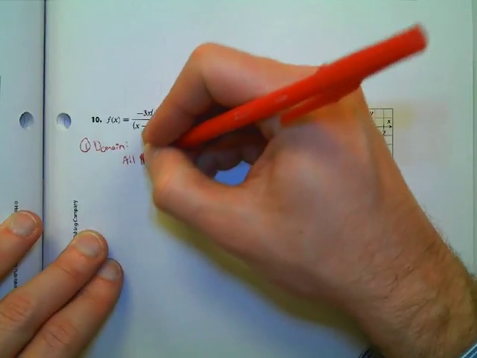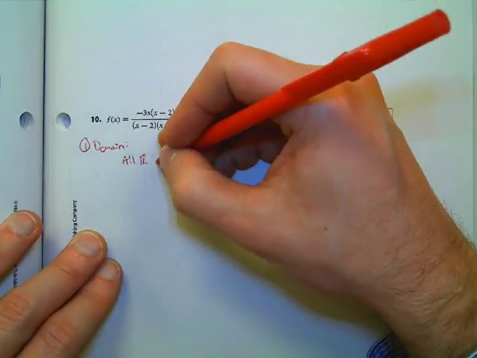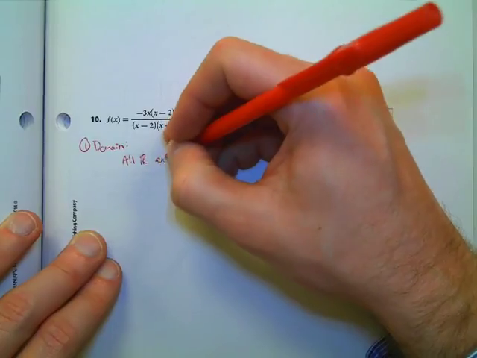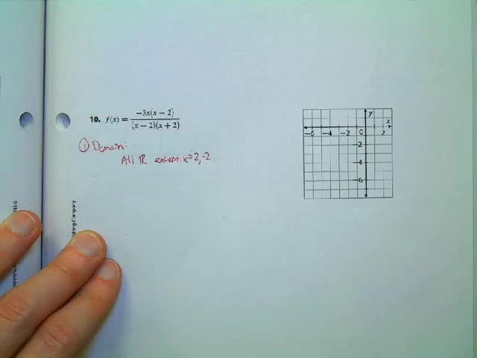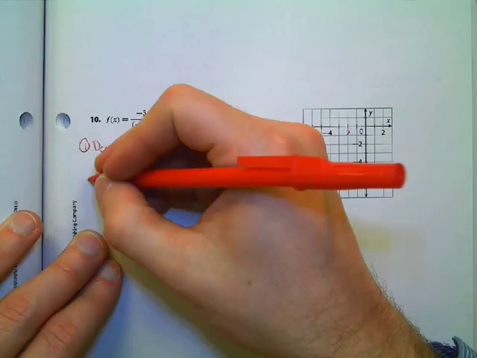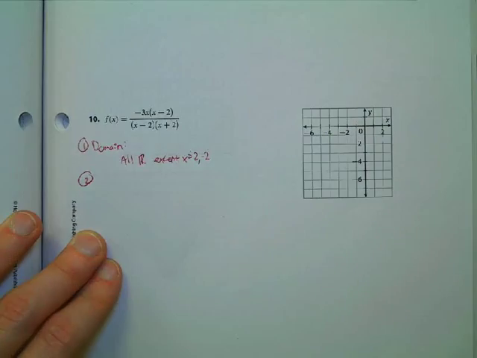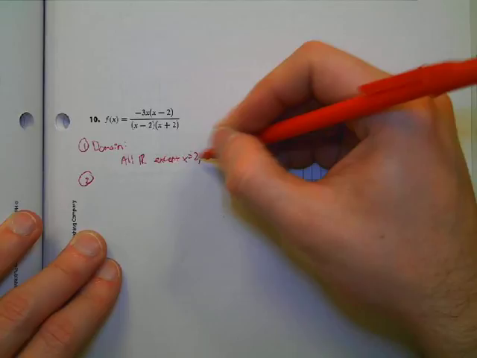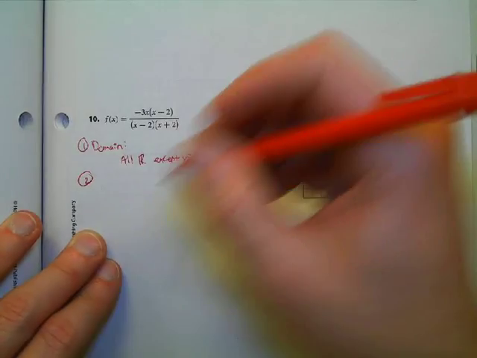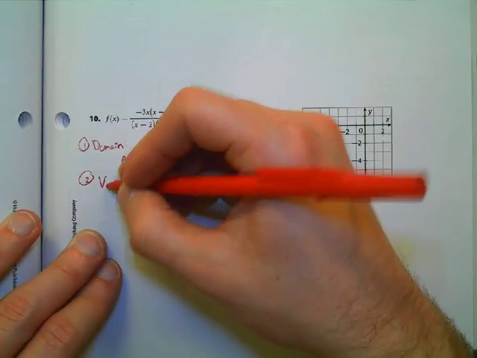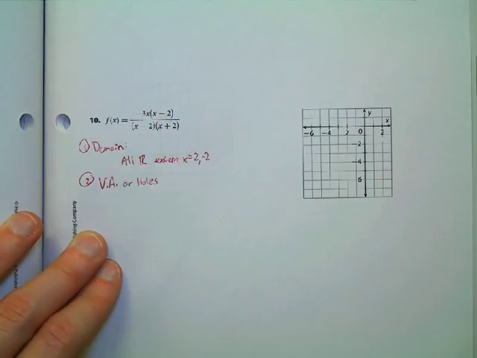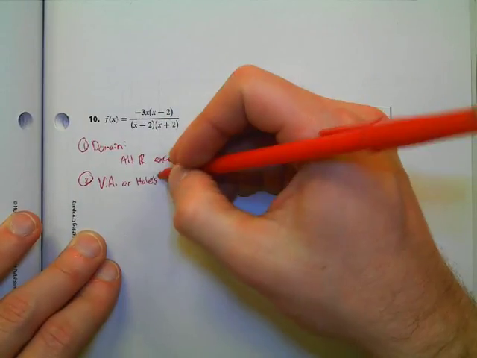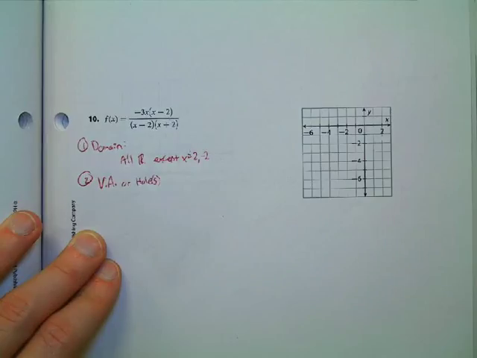Negative 2 is going to be a hole, because the x minus 2 cancel out. Okay, great that you noticed that. But it's the 2 that would be the hole, because it's the 2 that with the minus 2 makes 0. It's the zero of this factor. So the hole is at 2 comma something, and we'll figure out what that something is in just a second.